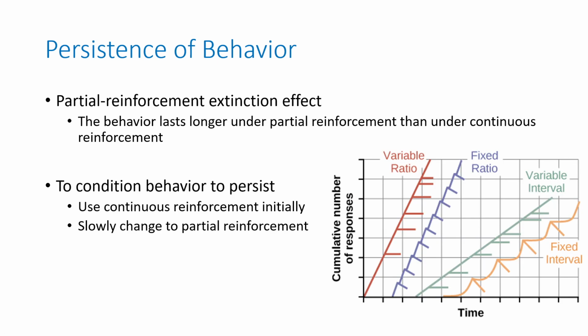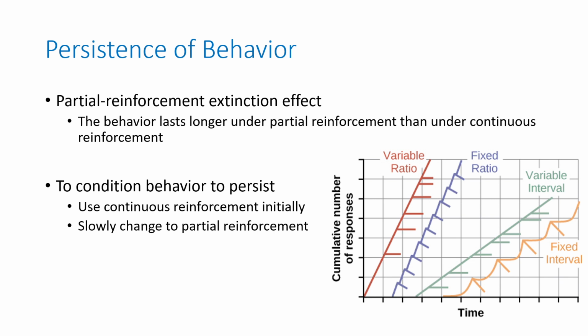So, partial reinforcement is when behaviors are reinforced not continuously, when there is some kind of interval between them, where the number of behaviors or the time varies, and they are more resistant to extinction.